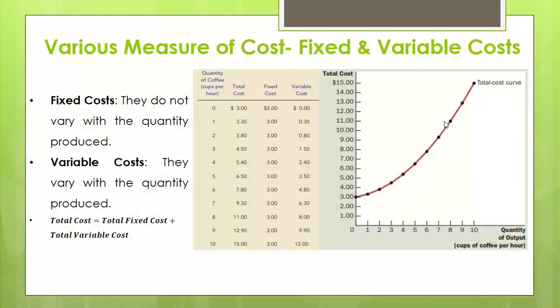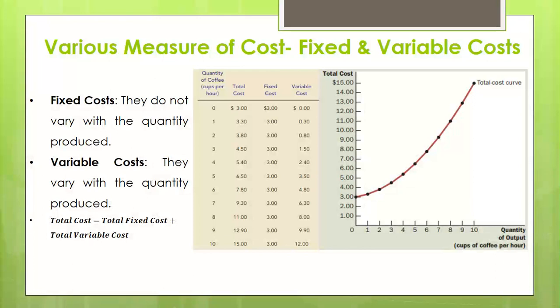So basically, the idea we want to draw here is that the total cost curve reflects that if firms continue to produce more, the total cost of the firm will continue to increase as well.